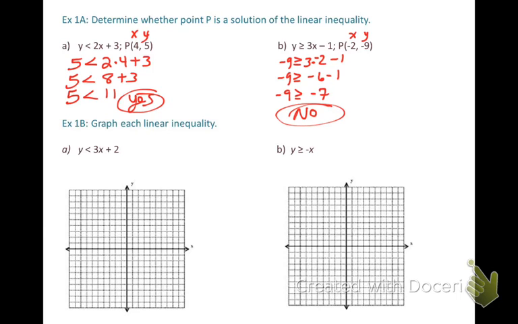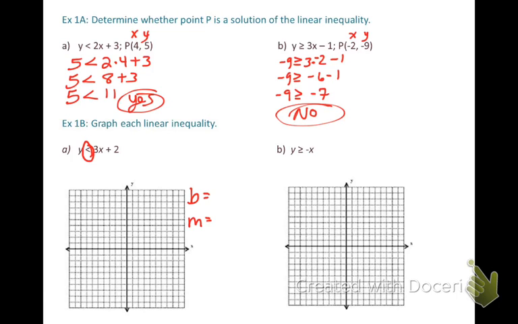All right. Now, graphing each linear inequality. It's the same ideas we've been graphing before. You need your b equals and your m equals. The only difference is this situation right here.